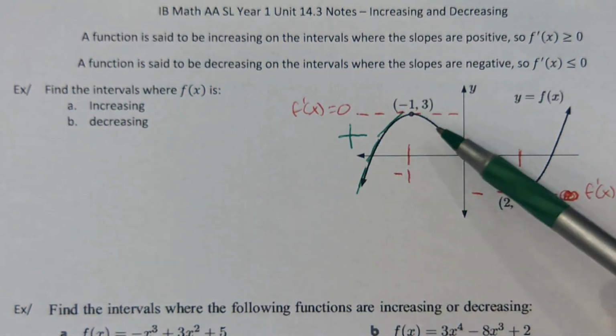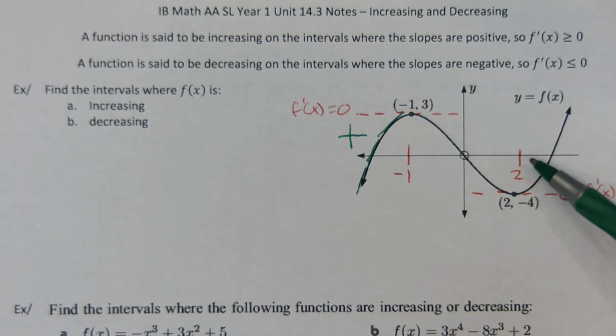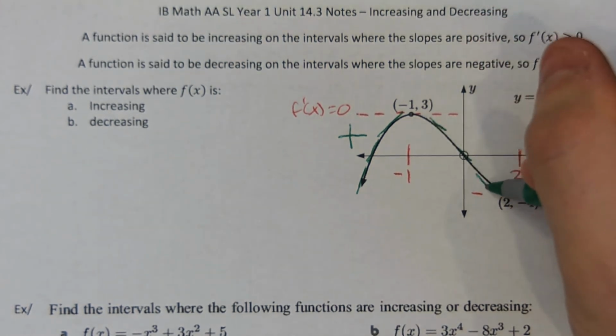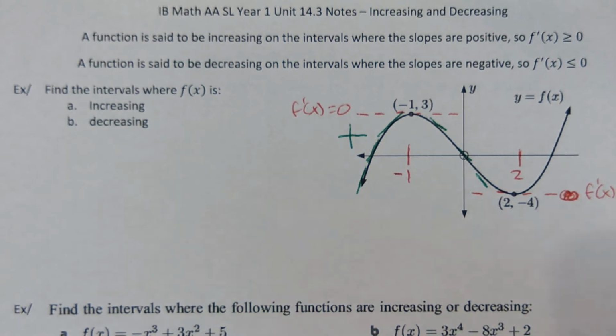Now, everywhere between this x value and this x value, every tangent line that you can draw has a negative slope. So that means everywhere between there, we are decreasing. And again, after this 2, everywhere after that, every single tangent line you could draw would have a positive slope again. So what is the interval of increasing?